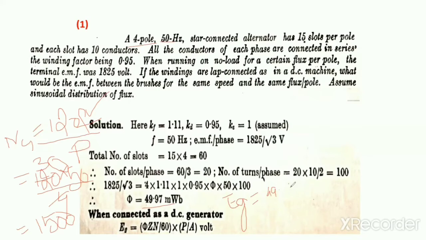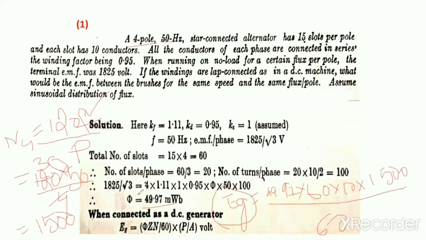EG is equal to 49.97 into Z, where Z is the number of conductors, that is 60 into 10, into speed N equal to 1500 by 60 into P by A. In lap winding, A is equal to P, so these two terms get cancelled, and then we easily calculate the generated EMF EG.